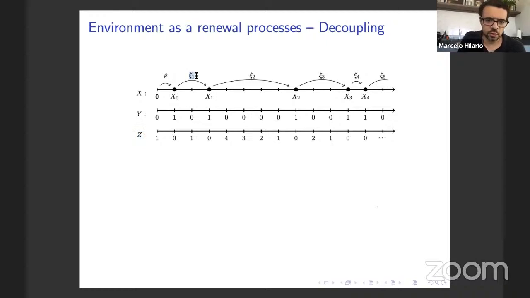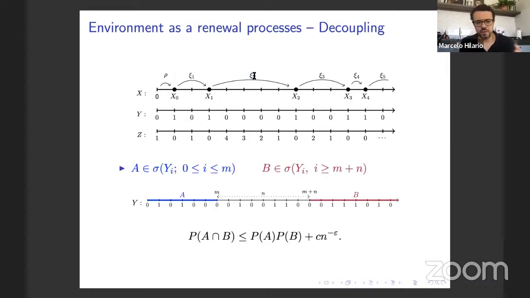And if you assume all these good moment conditions on this variable psi, then what's nice is that we have good control on the correlation or the covariance on what happens in faraway regions of your environment. So if you take a certain event that's measurable on the configuration of the environment in a given place, and then you have a gap, say of size n, and another event that is measurable with respect to the environment here, then they are essentially independent if this value of n is large.